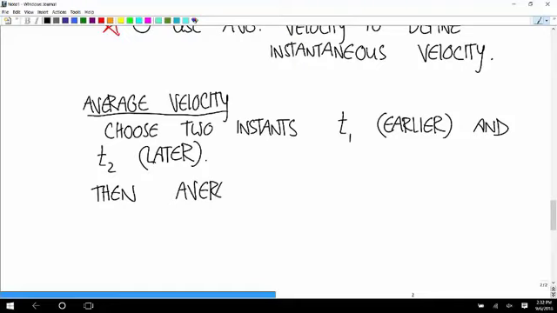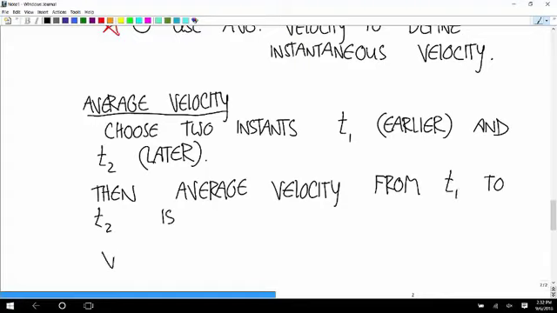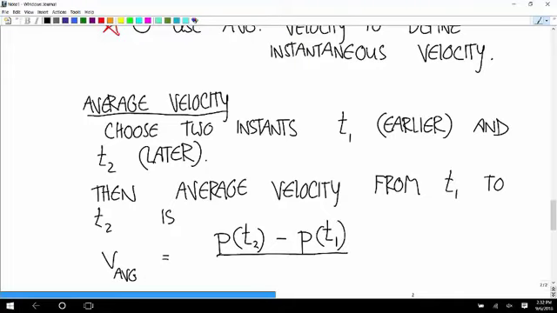Then the average velocity from T1 to T2 is, I'm going to write it as lowercase v sub avg for average. And it's equal to the position at the later instant minus the position at the earlier instant divided by the time at the later instant minus the time at the earlier instant.